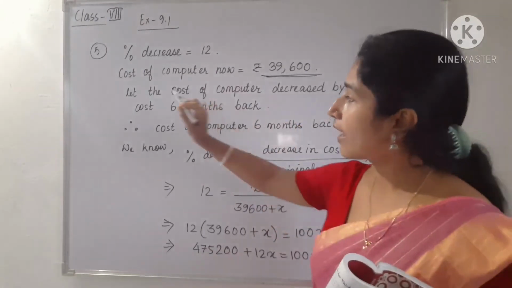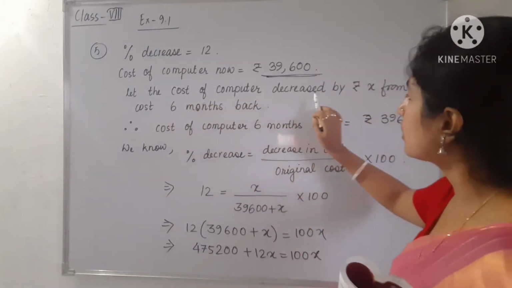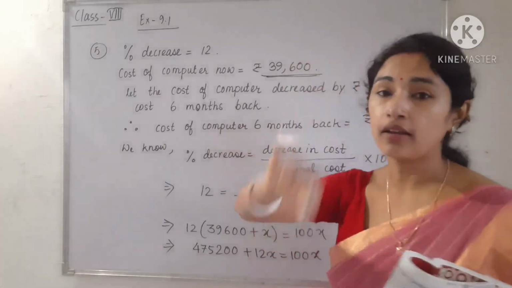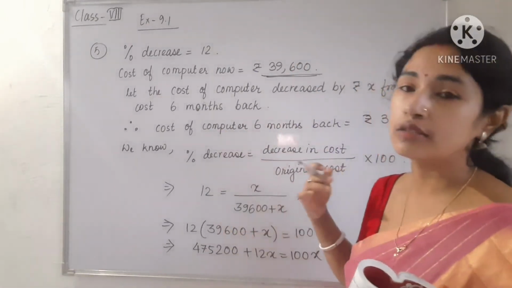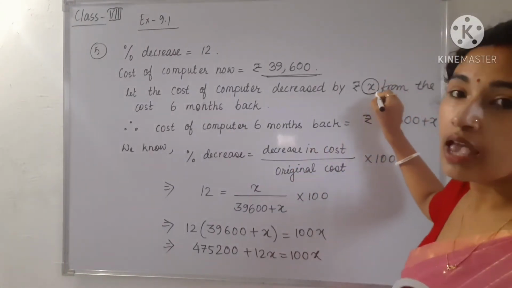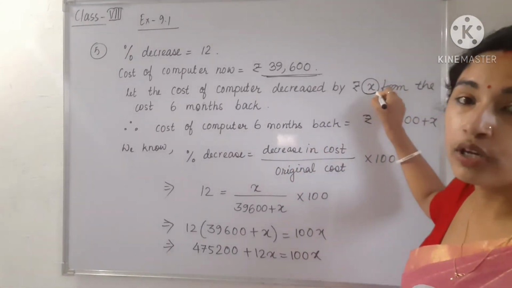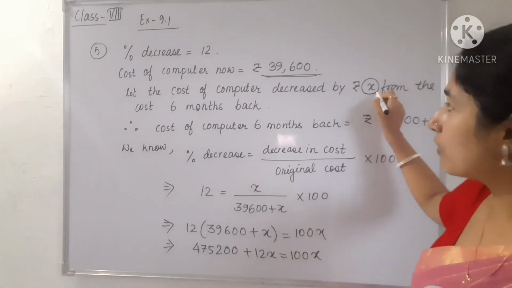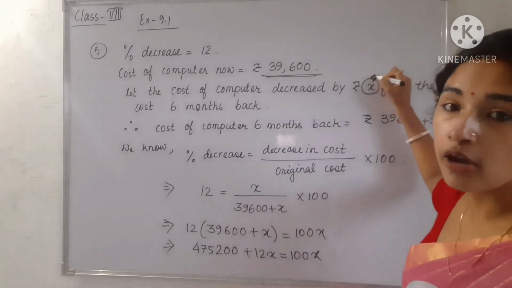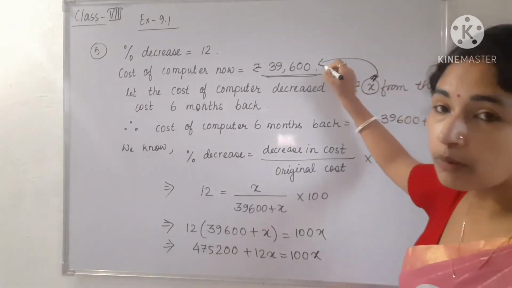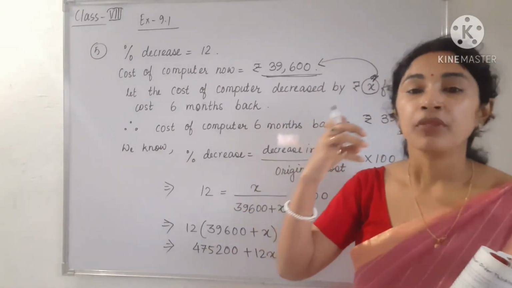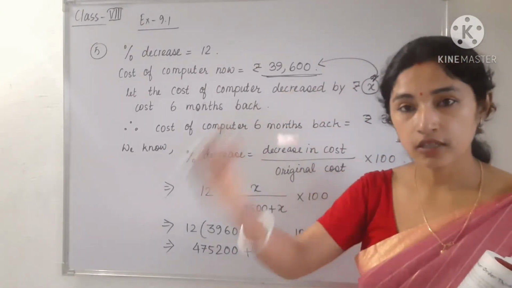In the next line I have taken, let the cost of the computer decrease by rupees x from the cost 6 months back. That means during these 6 months the cost of the computer decreased by rupees x. So 6 months ago, we have to add the decrease in the amount to the present amount, so that by adding these two we can easily get the amount which was 6 months ago.